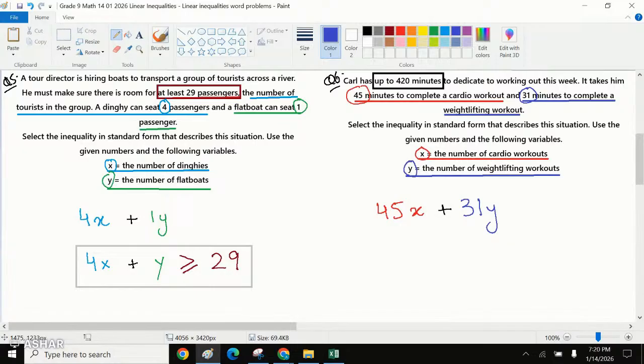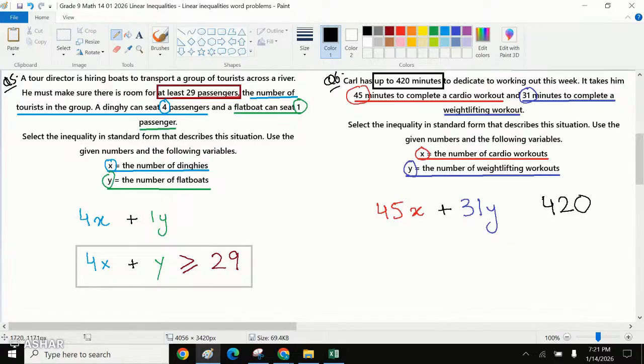The most important part is the other side of the inequality. They say this time spent is 45x plus 31y. This is the total time he spends, which cannot exceed 420, right? Because they are saying it is up to 420.